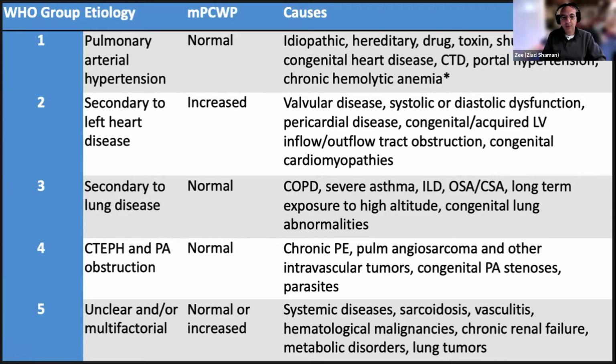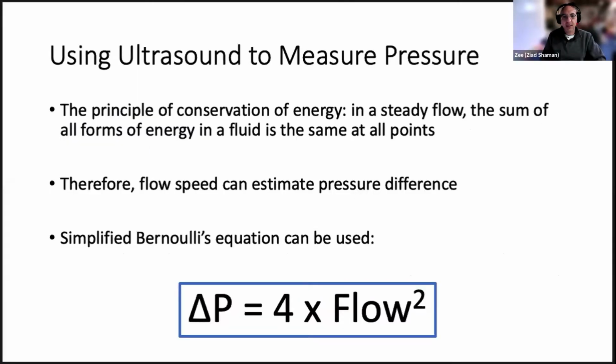Just so that you know, if somebody says group 2, they're talking about heart disease. Group 3, they're talking about pulmonary disease. Group 4 is CTEPH, and 1 is the primary pulmonary hypertension related to pulmonary artery disease itself, and 5 is the basket where you throw everything else.